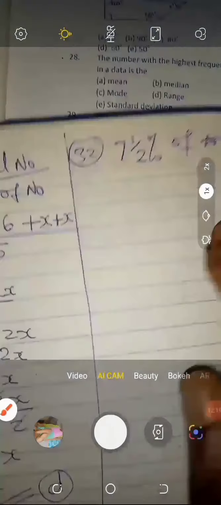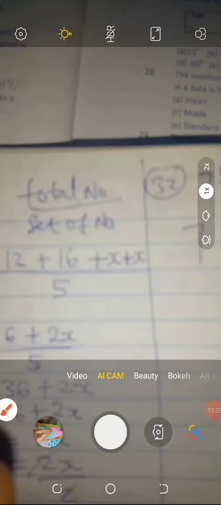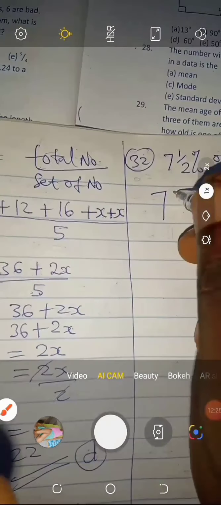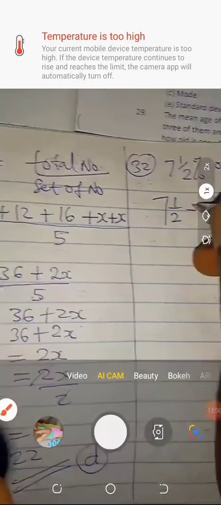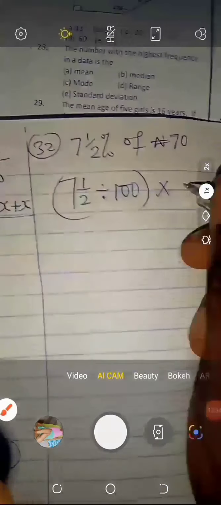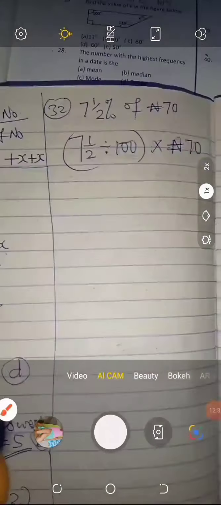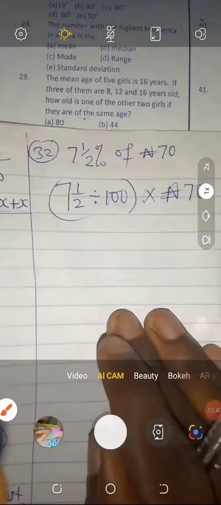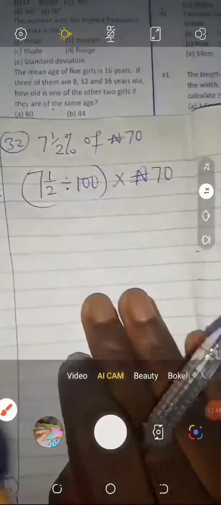Of course, you know how to deal with percentage. This is 7.5 divided by 100, times 70 naira. If it were maybe 7, I would just say 7 over 100 times 70.